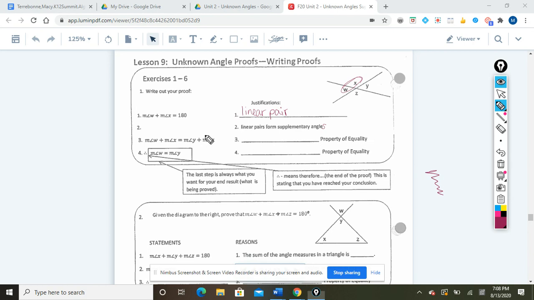So what we need to put on our next line is this one. The measure of angle Y plus the measure of angle X should equal 180. I didn't randomly choose. I looked at the next line and saw what it talked about. And that's another linear pair that forms a supplementary angle.